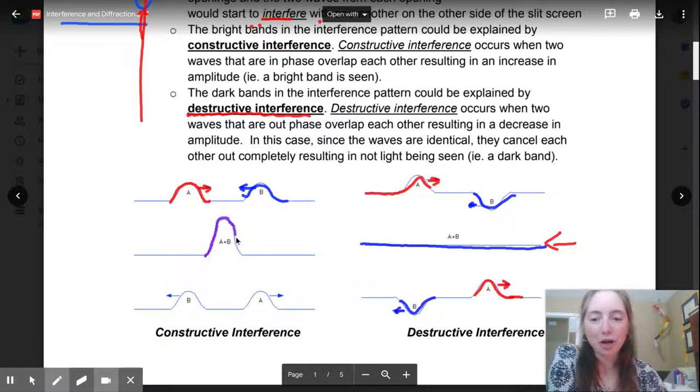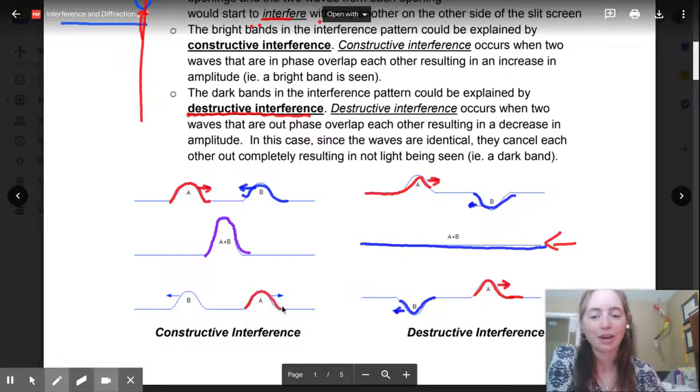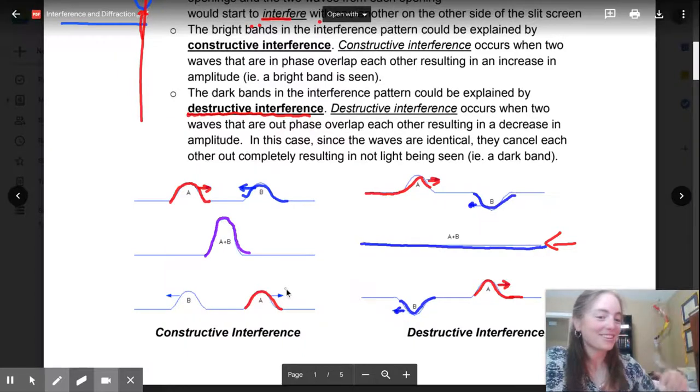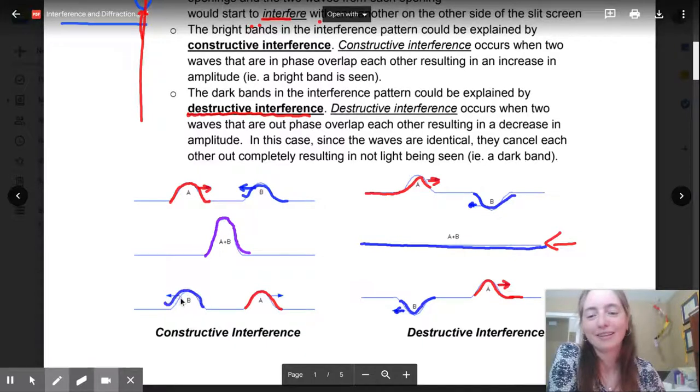They add. That's the bright spots. Then the waves continue on doing their wavy things. They're going to wave at each other as they go by. Yeah, you knew that one was coming. You knew that one had to happen. Okay, so that is our constructive interference.